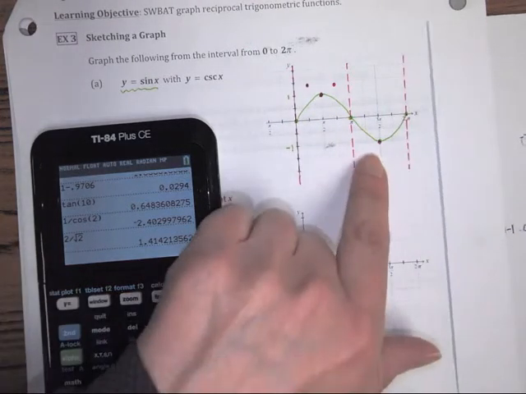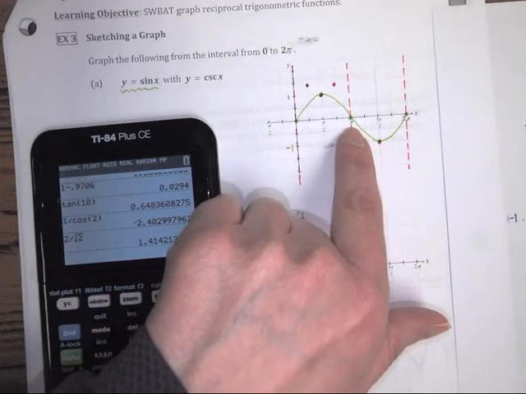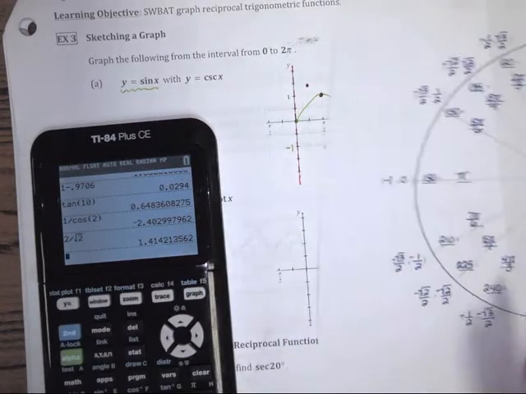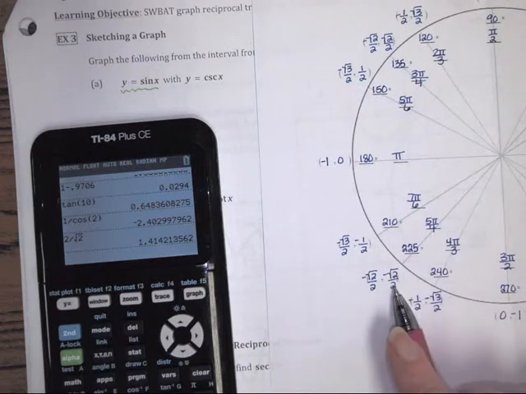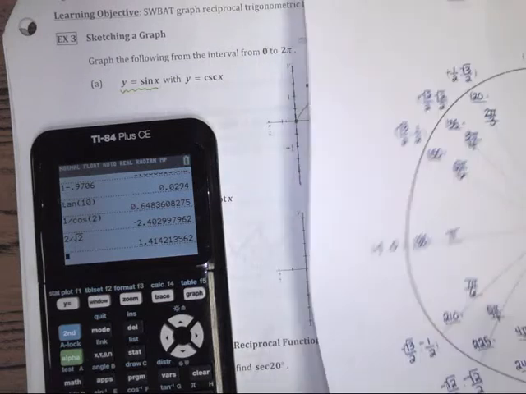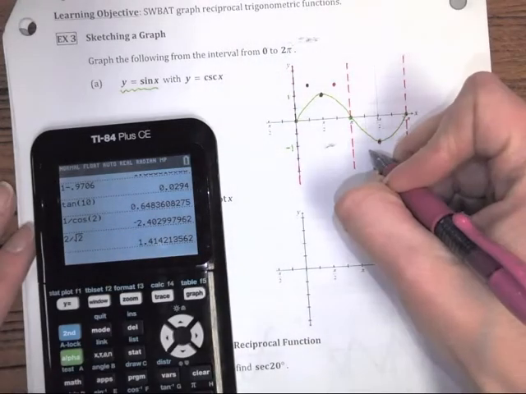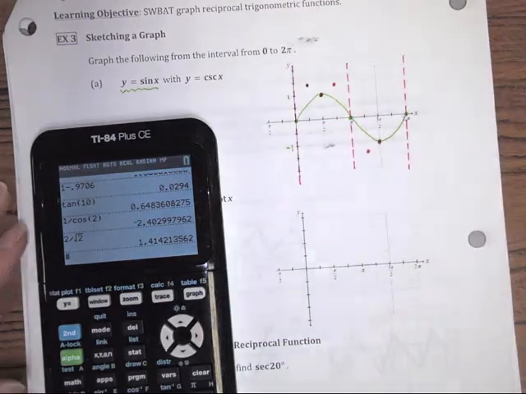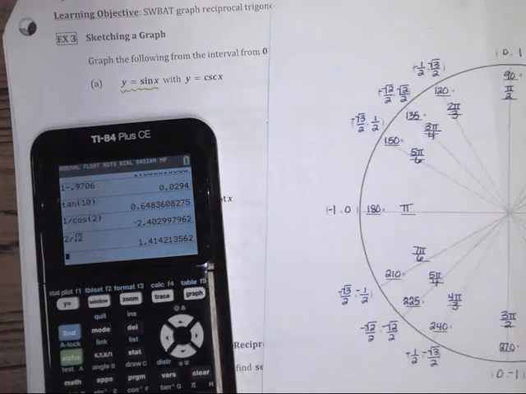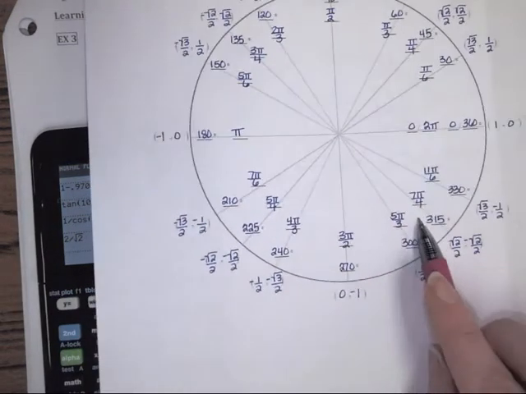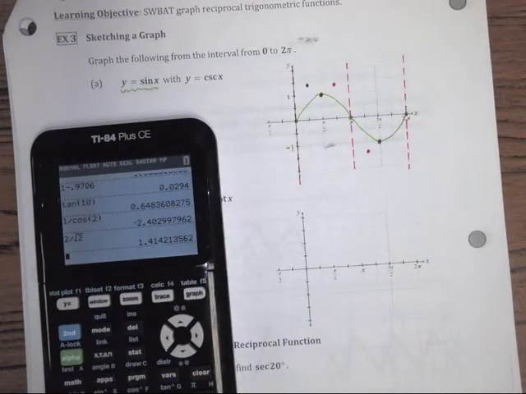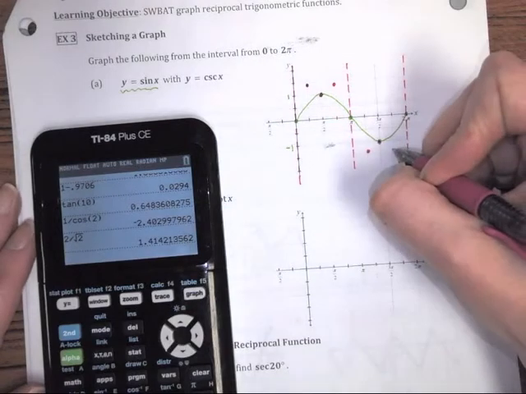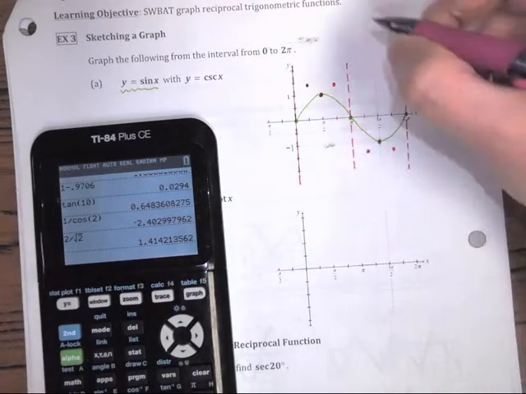All right, so if we go down here, this right here between pi and 3 pi over 2 is 5 pi over 4. And now we have that same number, but it's negative, so negative 1.4, right? Okay. Which is right here. And if we go here between 3 pi over 2 and 2 pi, 7 pi over 4, we have that same value, negative 1.4. So that is here. And this is what it's going to look like.